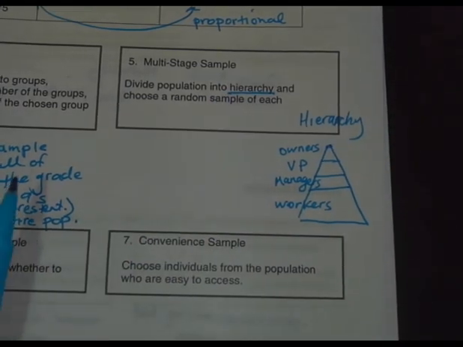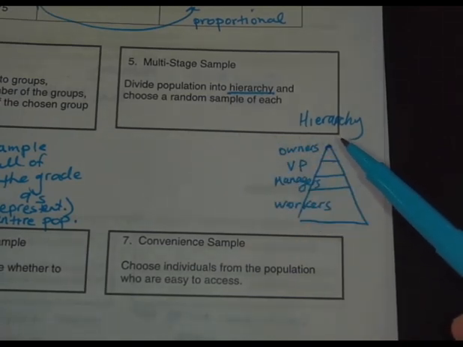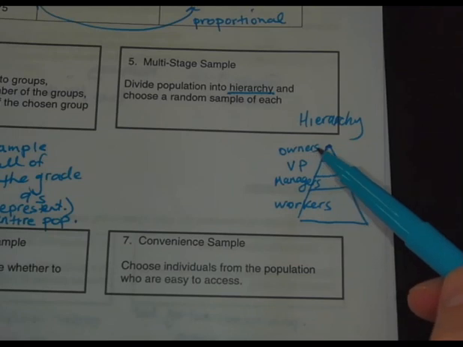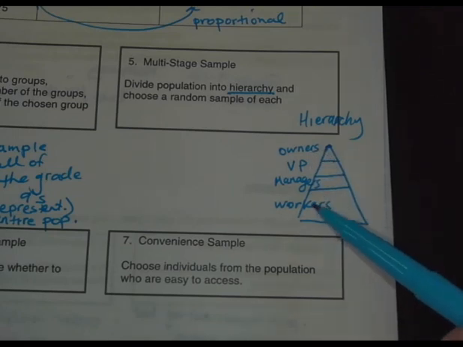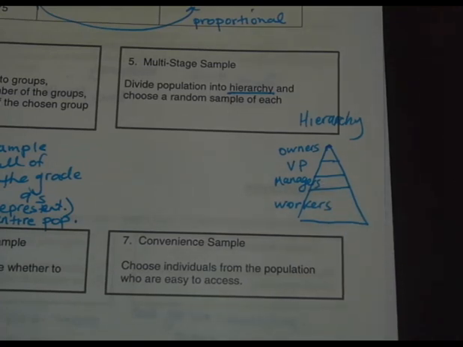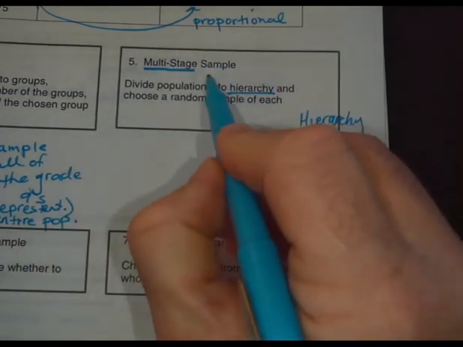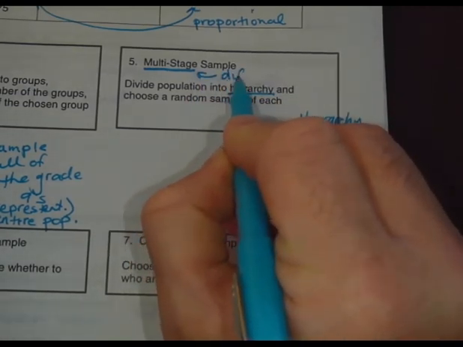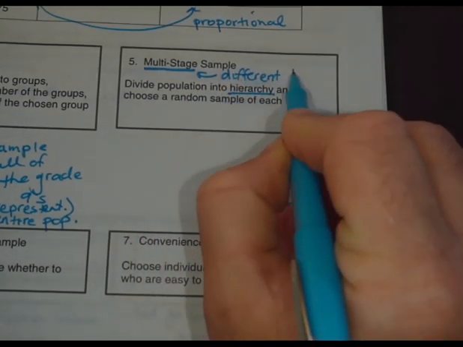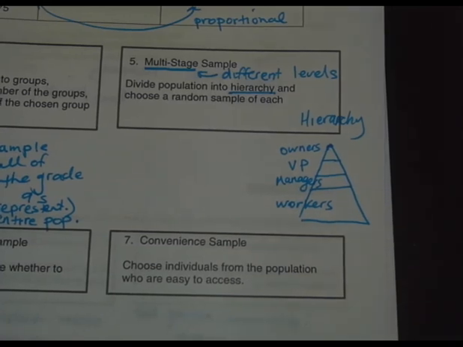Then I take a random sample of each. Maybe I look at 10 different businesses, and I survey the different VPs, the different managers, the different workers. So it's a multi-stage sample where the multi-stage is the different levels of the hierarchy. I have different levels within.